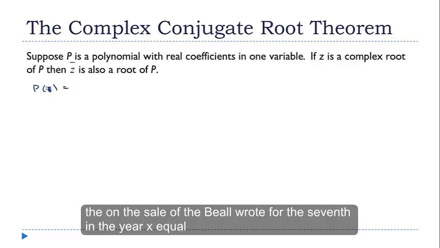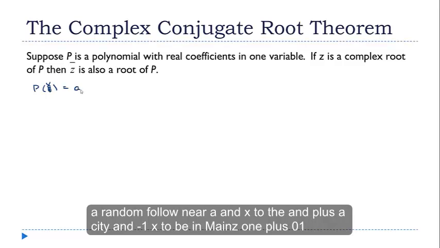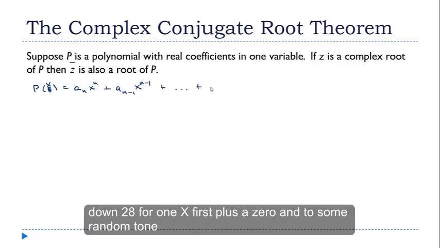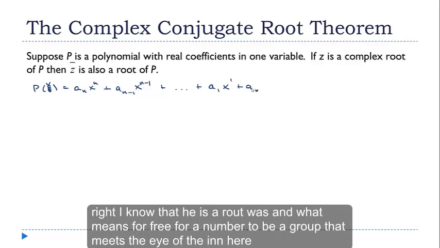So let's say let P of X equal a random polynomial, a_n x to the n plus a_(n minus 1) x to the n minus 1, plus so on down to a_1 x to the first plus a_0. All right, just some random polynomial. I know that z is a root.